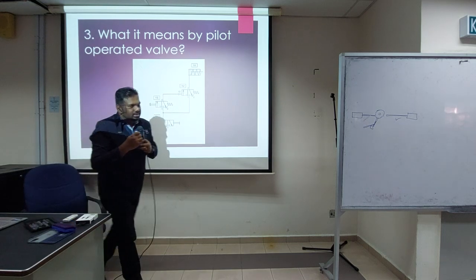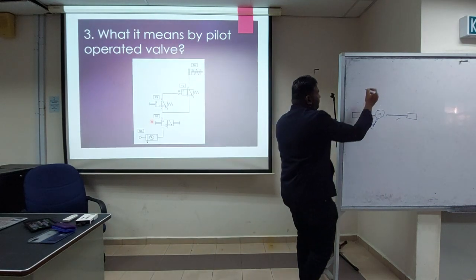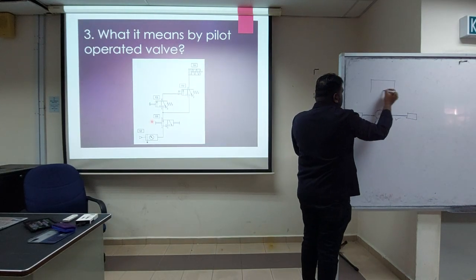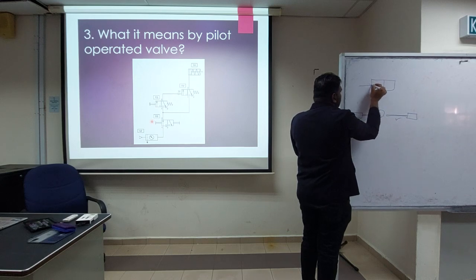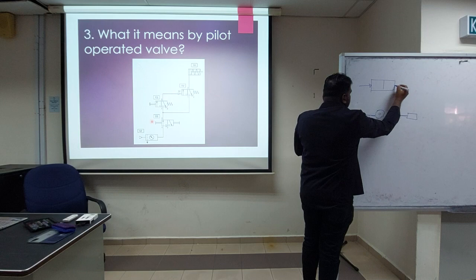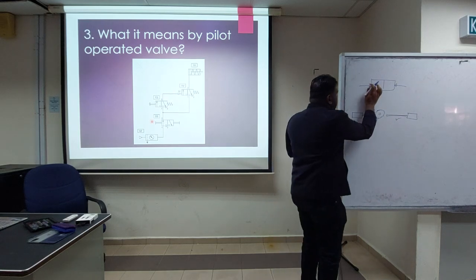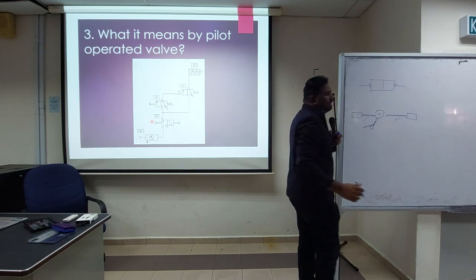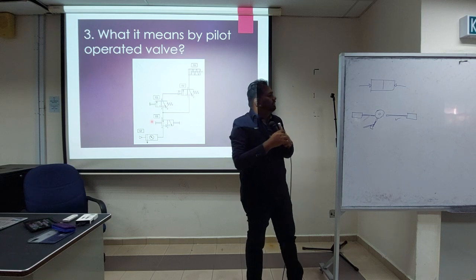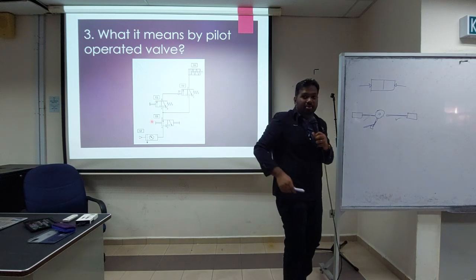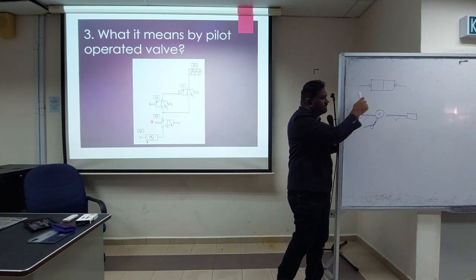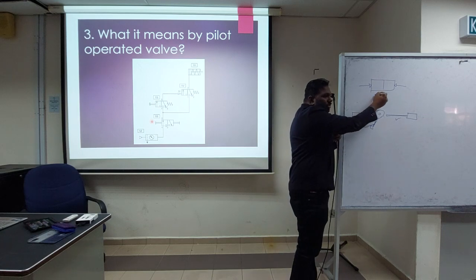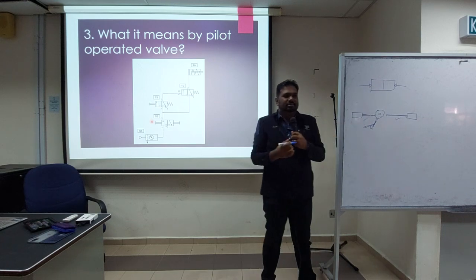So pilot operated, so kalau you tengok ada valve, kemudian ada simbol macam ni. Ada simbol macam ni. So ini adalah pilot operated. So pilot operated maksudnya this valve is controlled by compressed air.